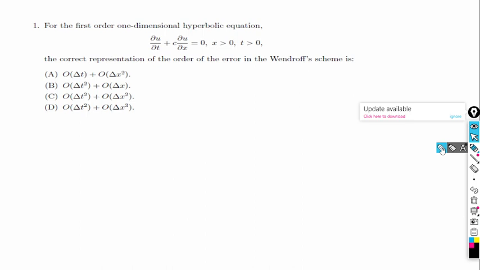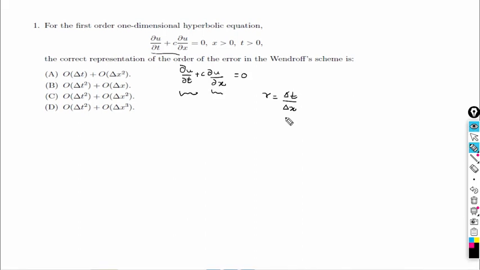First you will be applying forward difference here and forward difference here. Apply and put r equals del t upon del x. See what you are getting.